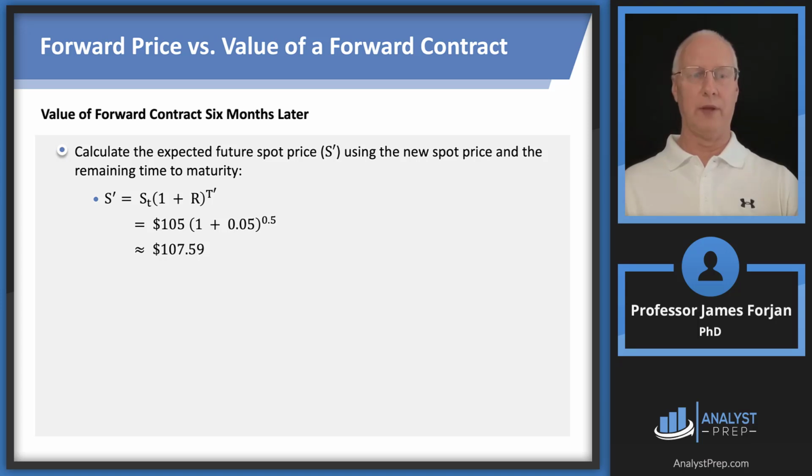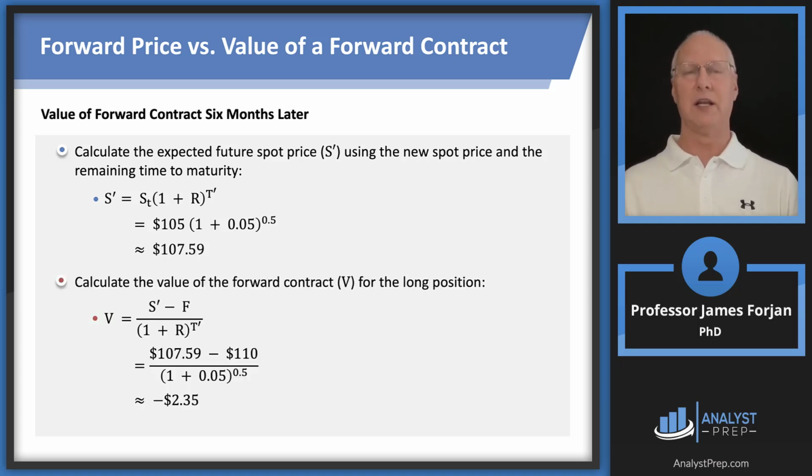Where we used the spot of 100 back in our original calculation, we did that a couple slides ago, now we're going to substitute the current spot price. There's the S sub T. The 105, compound that out at 5%, but now we're only doing it for 6 months. So there's our new expected future spot price of 107.59.